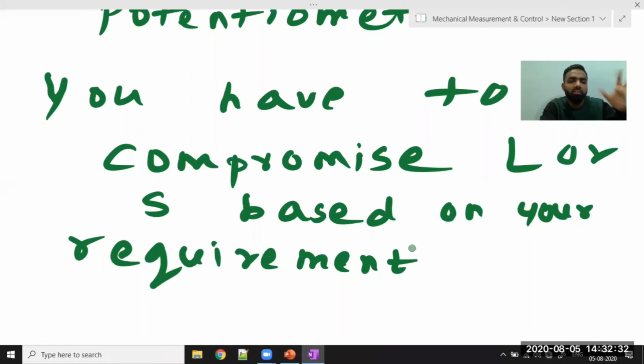When should we compromise on the sensitivity of the instrument? Anyone? Sufyan? Or Naushad?